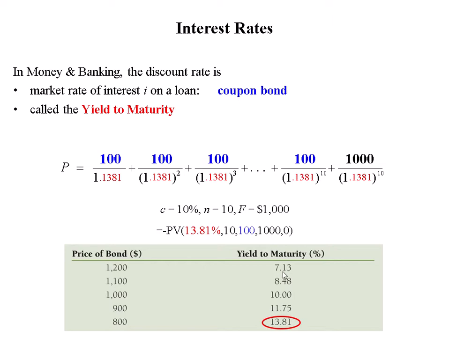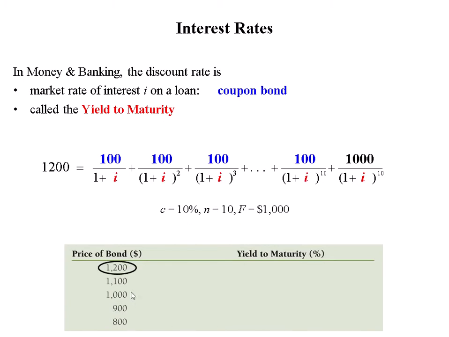So if the yield to maturity is currently 7.13, which is determined in the market given these factors, that bond would be priced at $1,200. We'd have to pay $1,200 for the right to get this stream of payments. If the yield to maturity was 13.18%, to get these payments at that yield to maturity, we'd only have to pay $800.